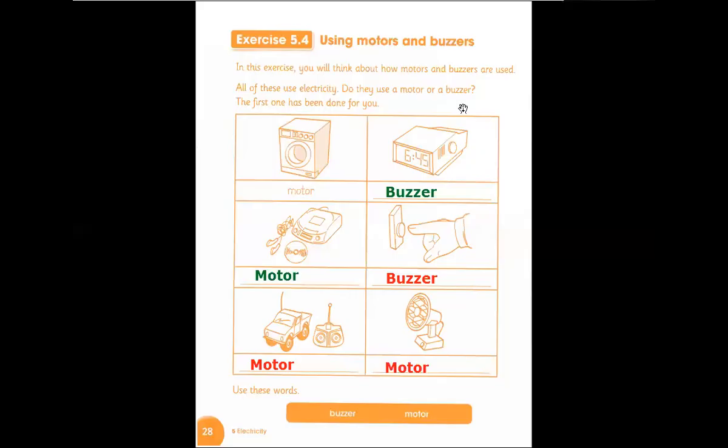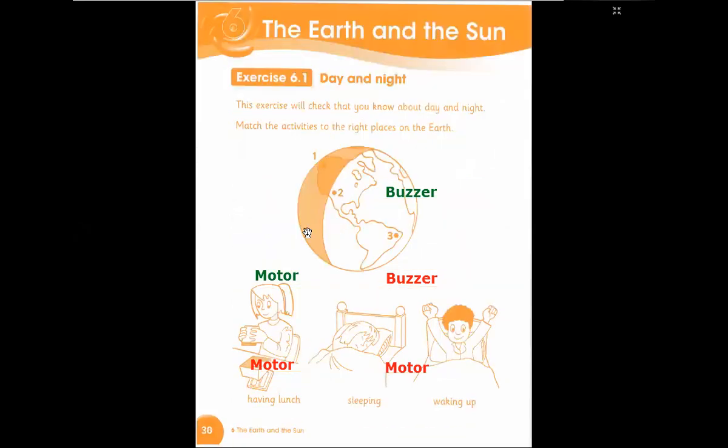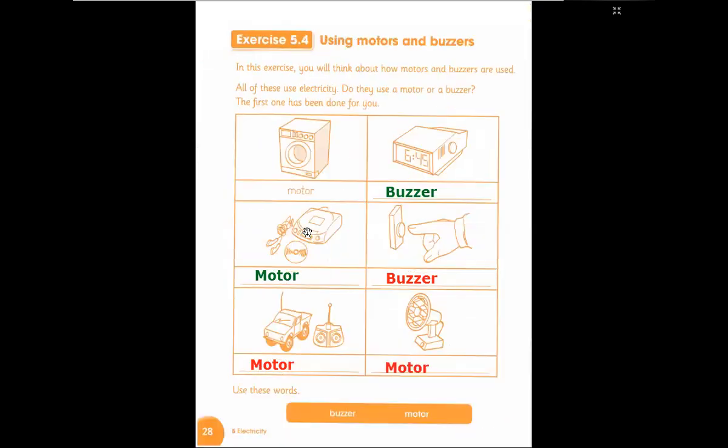So one, a washing machine is a motor. Why? Because it spins. It spins the clothes. Number two, alarm clock. It makes sound, so it is a buzzer. CD player. It spins the CD, so it is a motor. Doorbell. It makes sound, so it is a buzzer.